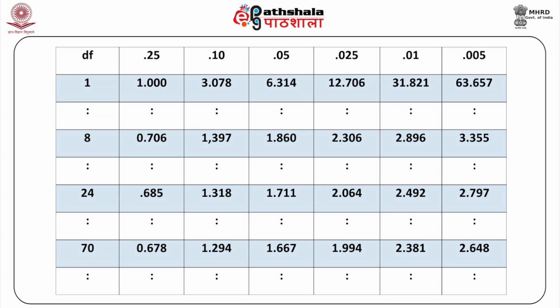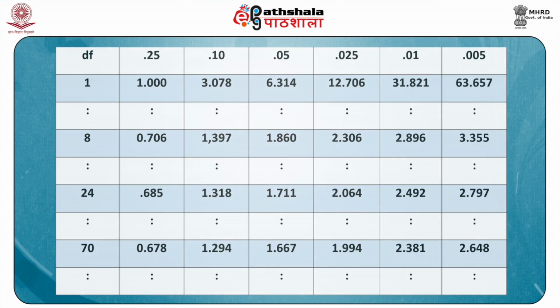The table is shown here, and we can see in the first column degrees of freedom are given, whereas the other columns, ranging from 0.25 to 0.005, give the area that is situated in one of the tails of the curve at a particular degree of freedom. Table 3, Student's t distribution, and of course this table can be found in most statistical books.